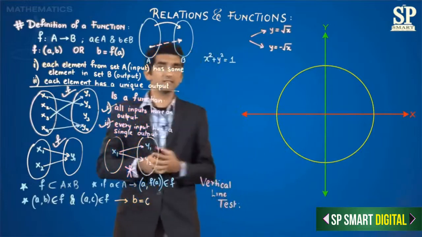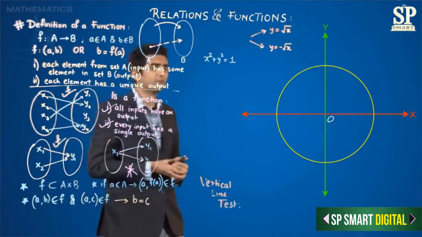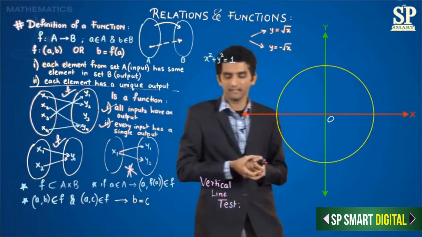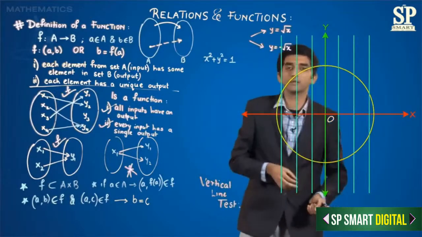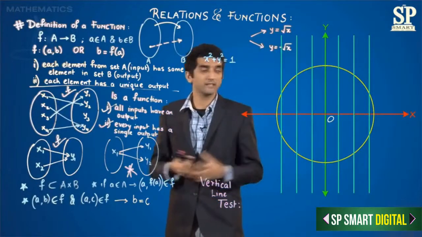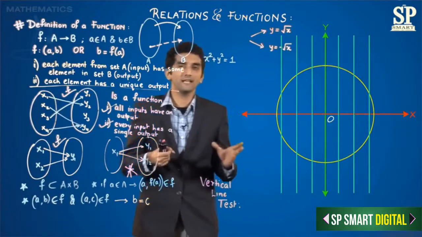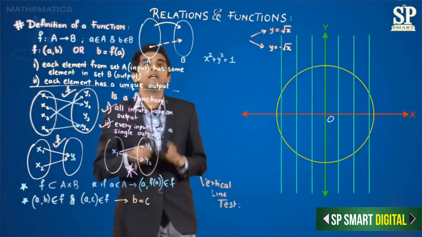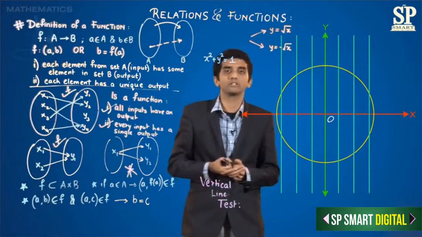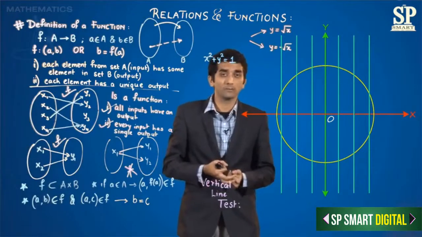Radius of 1 centered at origin. Now if you think about it, it definitely does not satisfy the vertical line test, because if I have any vertical line, it is cutting the circle at more than one point. Basically it is cutting it at 2 points, and hence this particular equation is not a function, although it is a relation because it is having a correspondence between x and y, having ordered pairs out there.